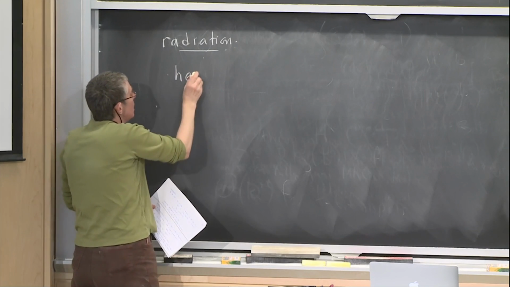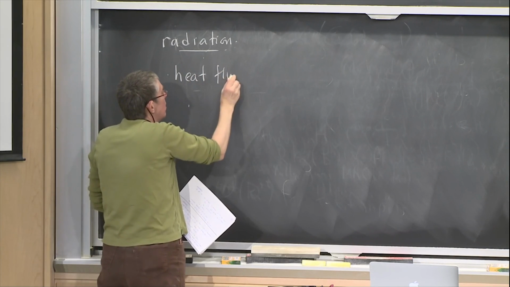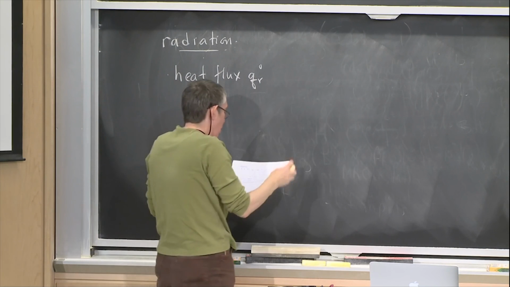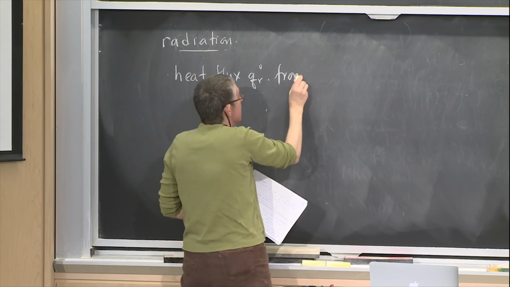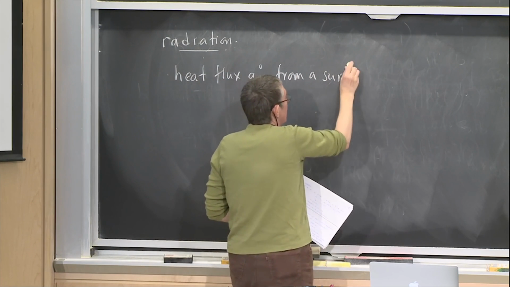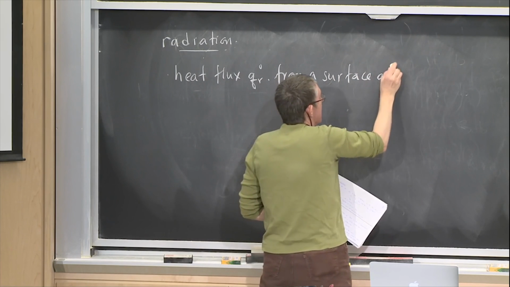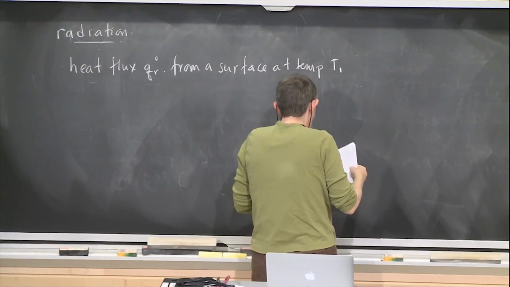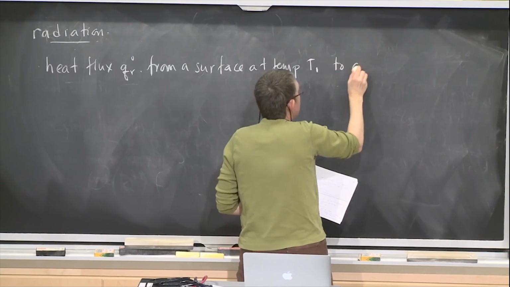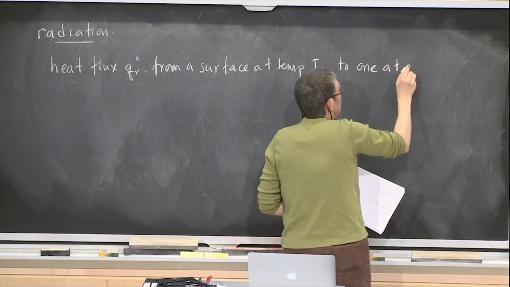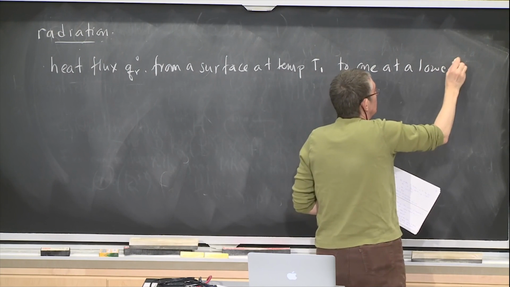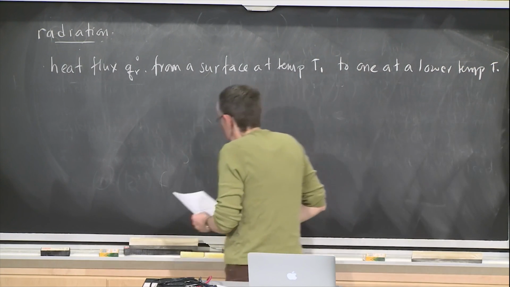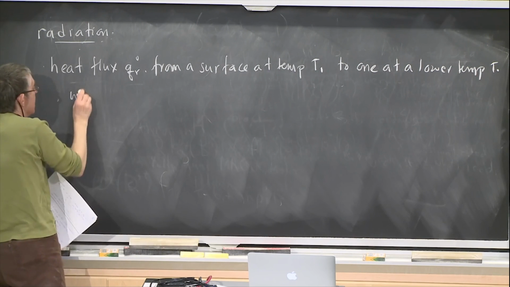So we can say we have a heat flux QR naught from a surface at one temperature, which I'm going to call T1, to one at a lower temperature, which I'm going to call T naught, with a vacuum in between them.